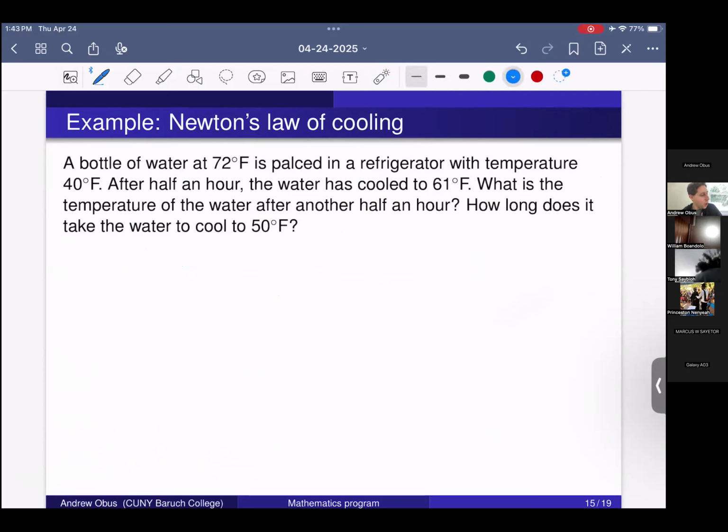Okay, so as always, it's exponential decay, so we always have that y is equal to c times e to the kt. Always what you have. But here, remember, y is equal to the difference. y is equal to the temperature of the water minus the temperature of the refrigerator.